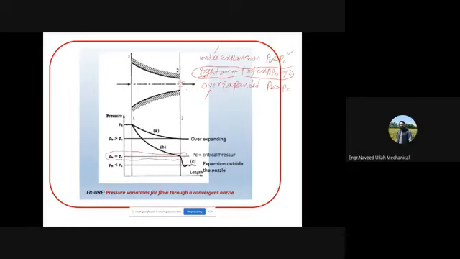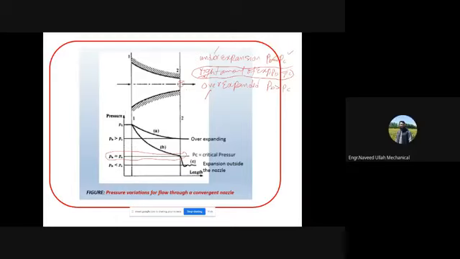And you know very well that, whether it is a convergent nozzle or a convergent divergent nozzle, in both cases the decrease in pressure is the reason for accelerating the fluid. So you need to drop the pressure inside the nozzle to increase the velocity of the working fluid.